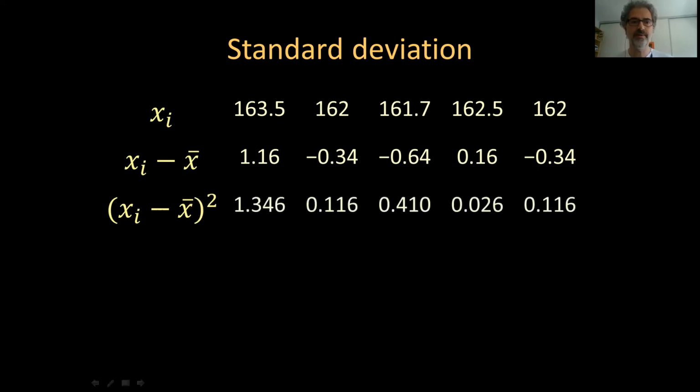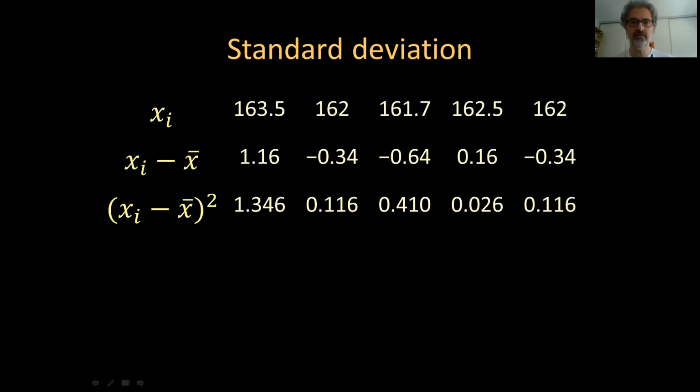So 1.16 times 1.16 is this number, minus 0.34 times minus 0.34 is this number, minus 0.64 times minus 0.64 is this number, and so on. So these are the squared deviations, or the squared distances from the mean.